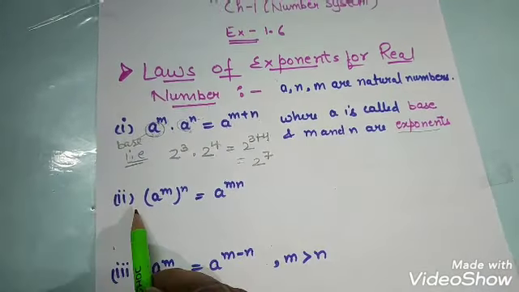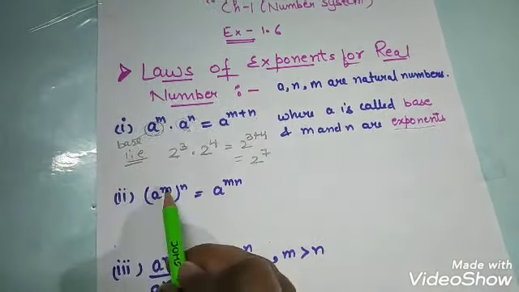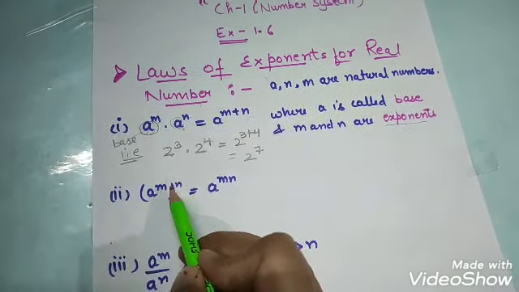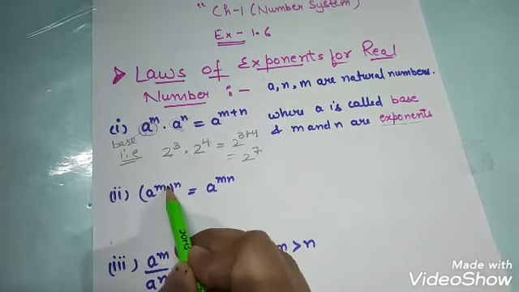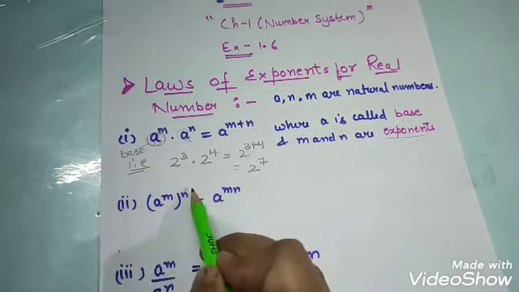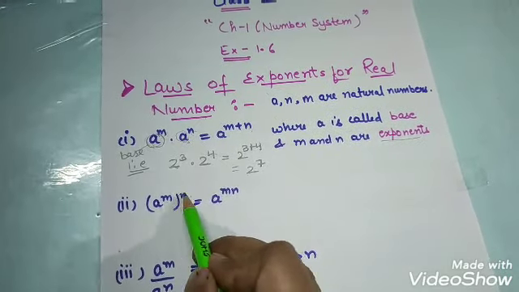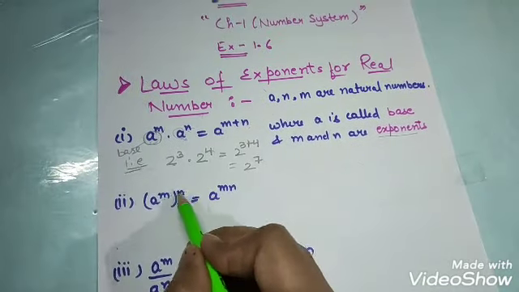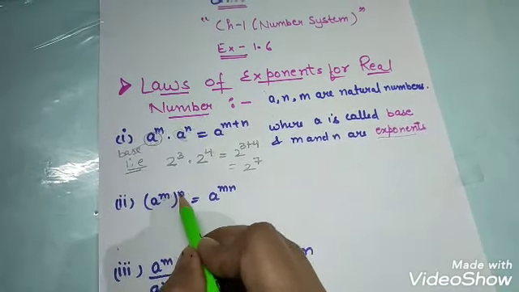Got it? Next law is a to the power m, whole to the power n. This is the power of a to the power m. When such kind of questions happen, the powers get multiplied.